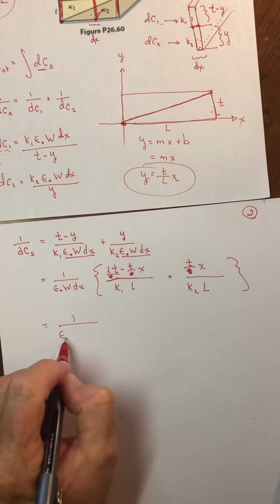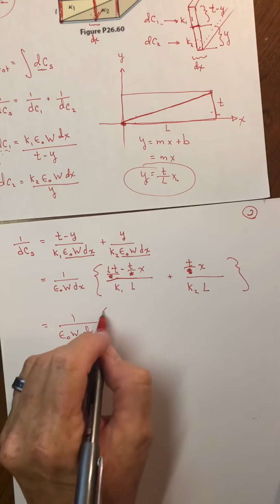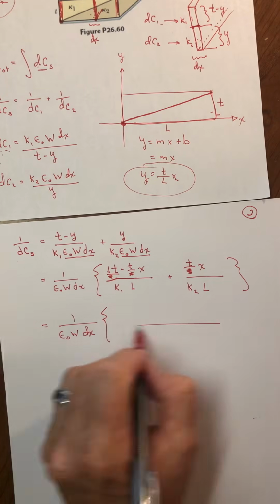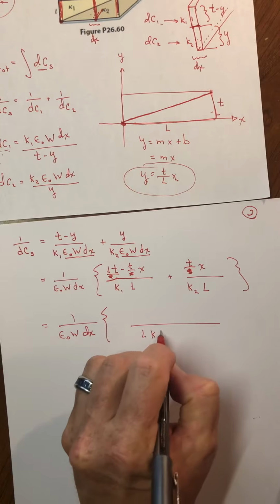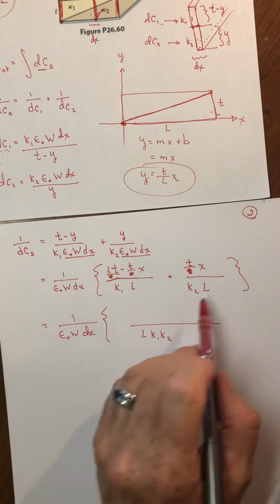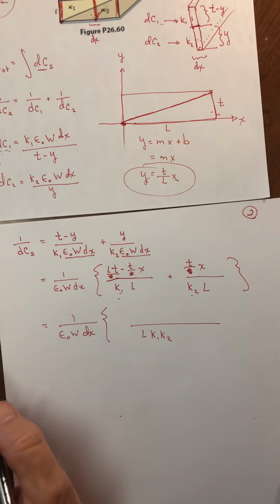So maybe the next line I will write says, all right, what is the common denominator of these two? And it looks like there's an L, a kappa 1, and a kappa 2, because they each share an L and they each have a kappa 1 and a kappa 2.